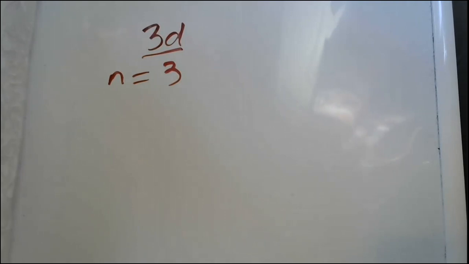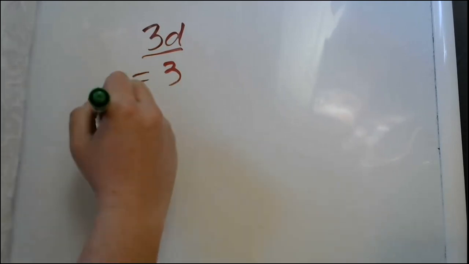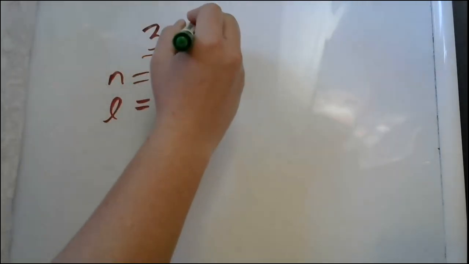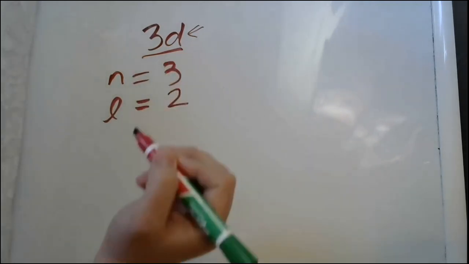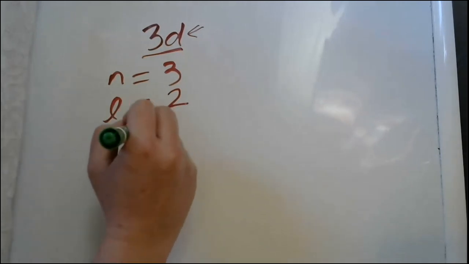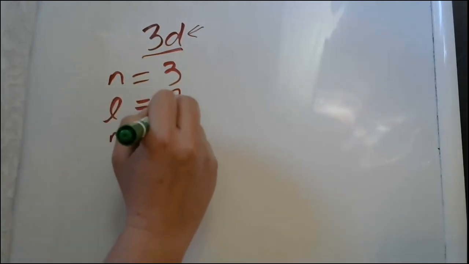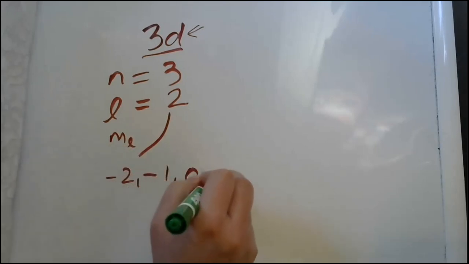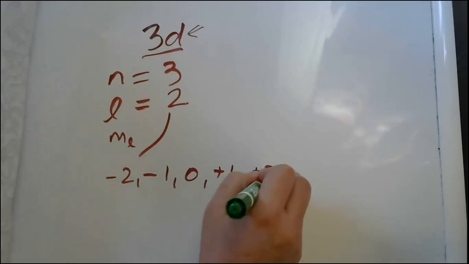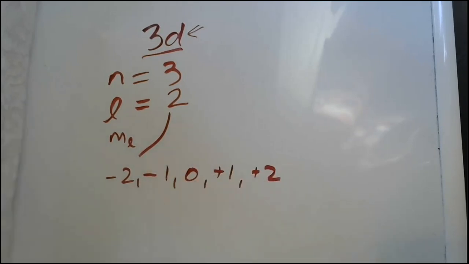It means that my L value, if it's a d orbital, we just went over, 0 is S, 1 is P, 2 is D. So my L value has to be 2. That means that my m sub L value can be -2, -1, 0, 1, or 2. Those are the possibilities.